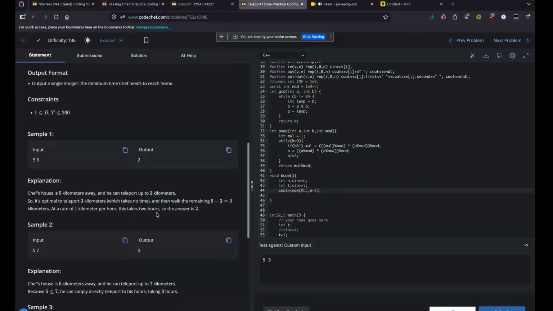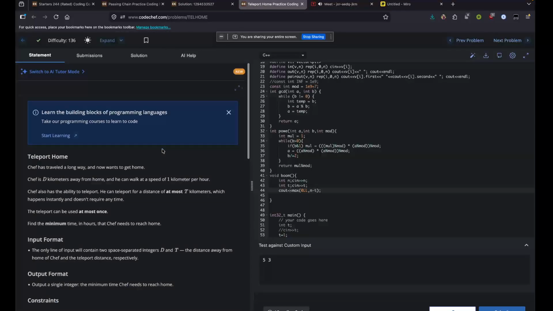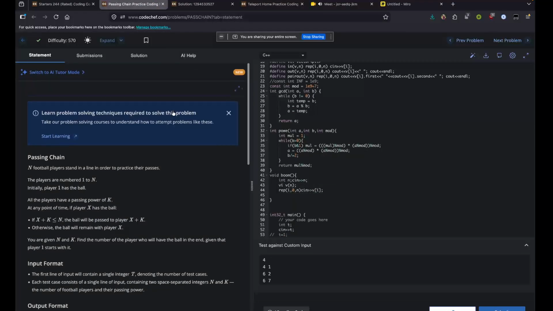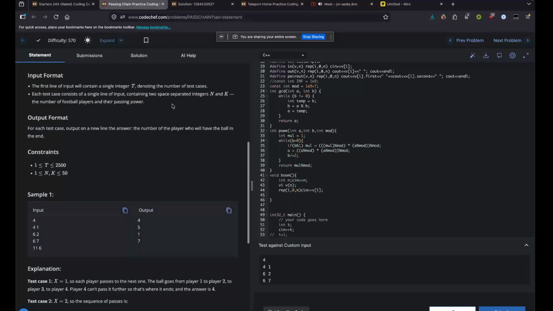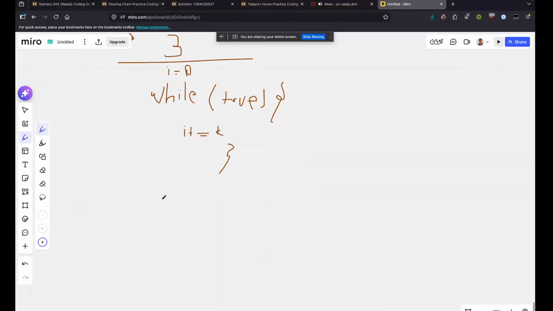So why is this not running? Bhaiya, I guess this is the example of the first question. Okay, okay. Yeah, thank you. If I take this example, that's why I'm thinking why this is going wrong.